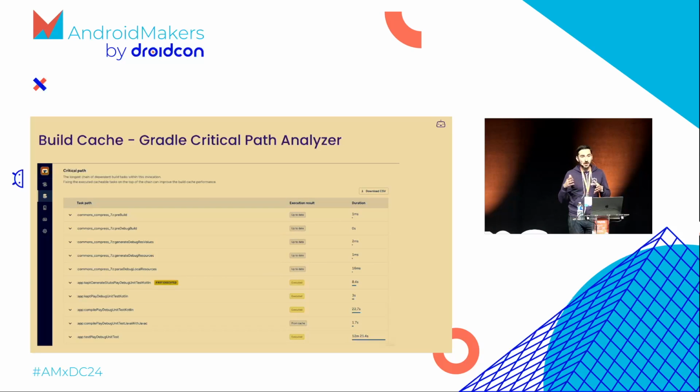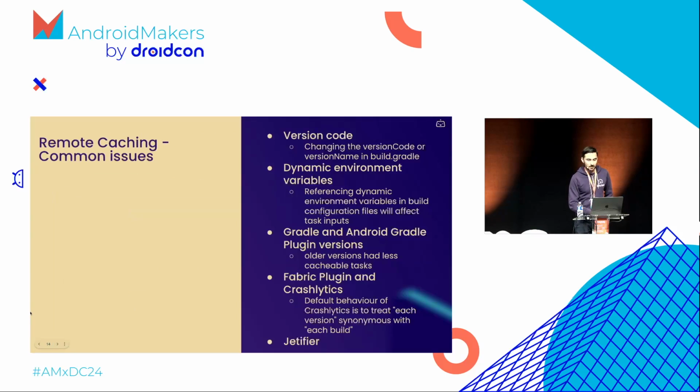Basically, if you know which are the given tasks that you need to pay a bit of extra attention to, you will be able to start debugging the builds further, look at the different inputs that those given tasks are receiving, and based on that, you will be able to optimize the execution and make that given task much more cacheable.